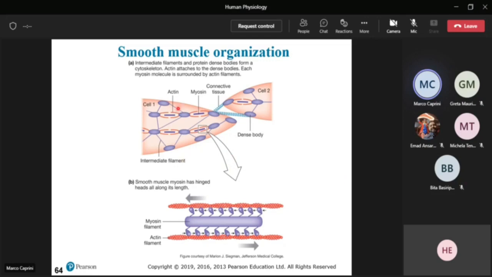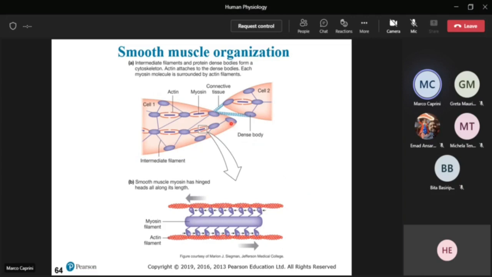As I told you, the sarcoplasmic reticulum distribution varies and is not really well organized. The T-tubules are not present. You can see it, they are not present here, T-tubules.